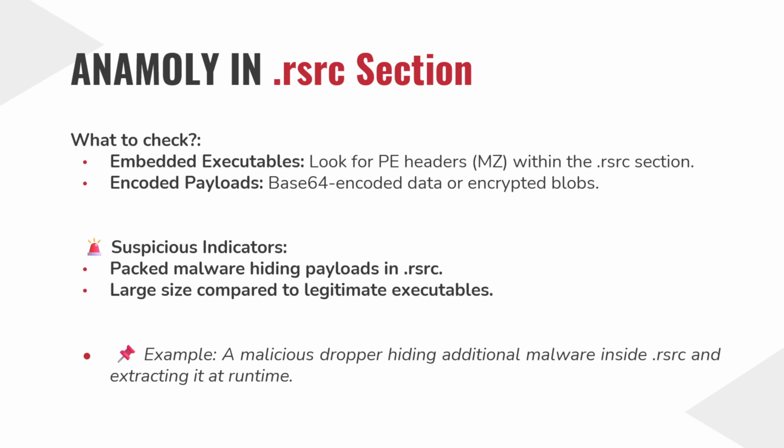Even if it contains permissions like read write execute, it may be flagged as suspicious. So when analyzing the resource section, keep an eye out for MZ headers indicating embedded executables, base64 or encrypted blocks, large size, and resource loading API calls in the assembly. These signs often point to payload hiding, packing, and in-memory execution techniques.